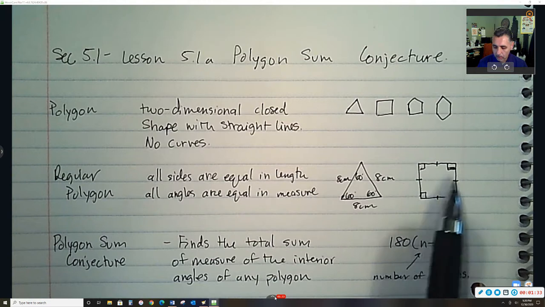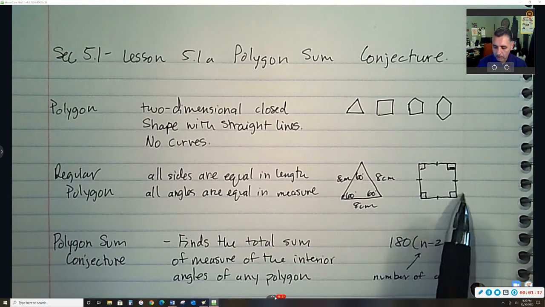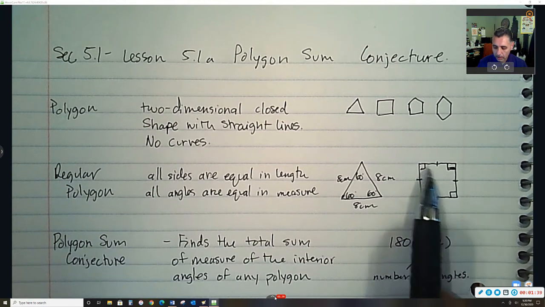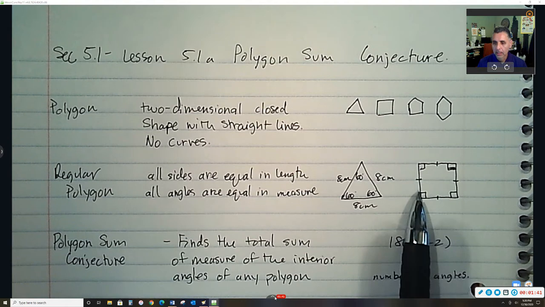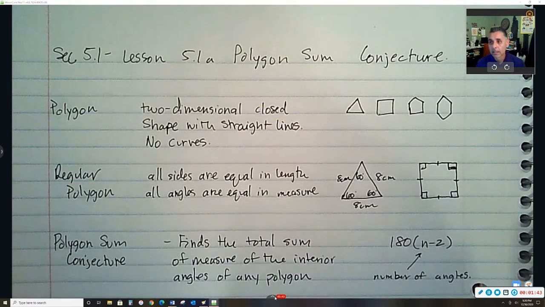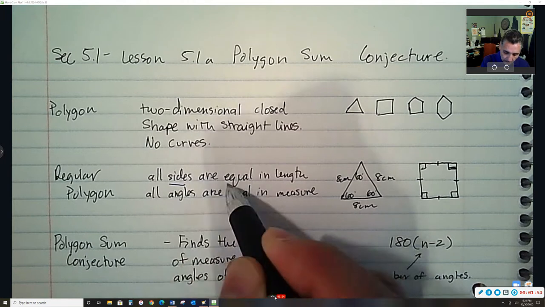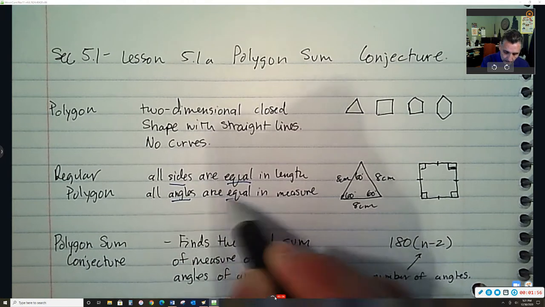Like this one mark on the sides tells me all 4 sides are equal, and this little square on each angle tells me that each angle is 90 degrees, so they're all equal. So those are regular polygons, special polygons, because all the sides are equal and all the angles are equal.